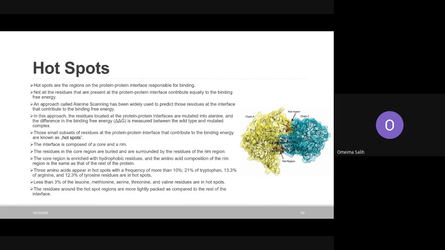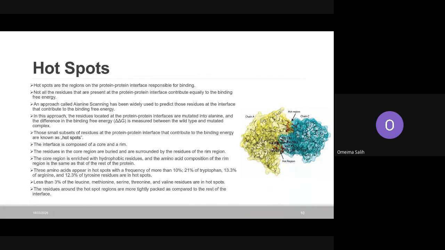But some of the amino acid residues within this interface are not part of this bonding. They are found in the vicinity of this interface, but they are not taking part in the bonding. This type of residue is not called a hotspot. Those which take part in the binding, we call hotspots.